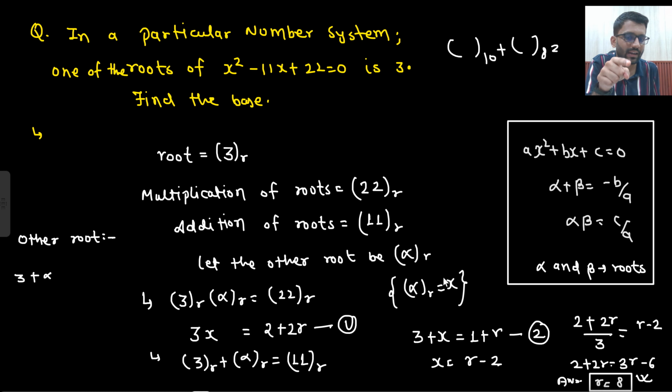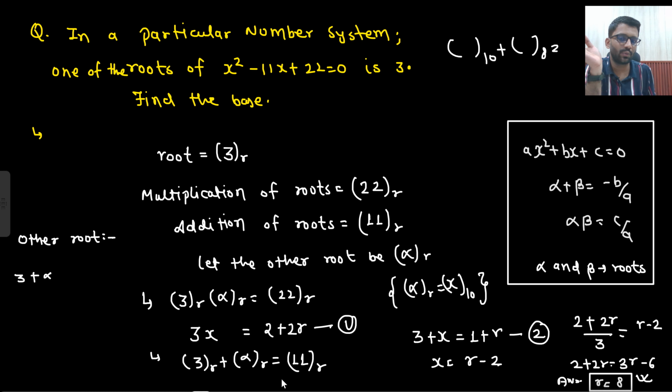So alpha r is equal to x in base 10. I have converted 3 into base 10, and 22 into base 10 as well. So I will convert all the numbers into base 10. Alpha r is x in base 10, and eventually I do not need alpha, so I will eradicate that.